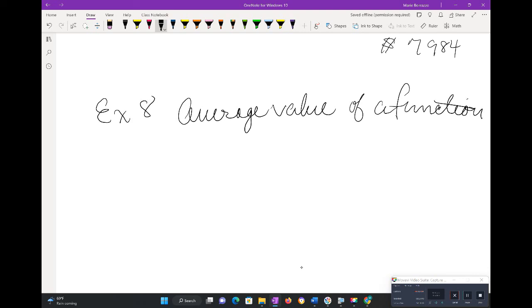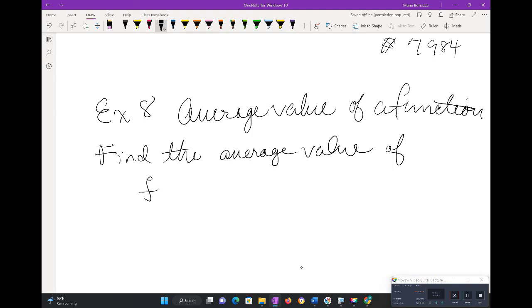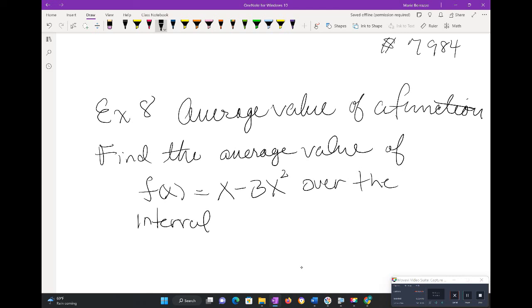In this question it says find, and pay attention to this one because this is a very common question, find the average value of the function f of x is equal to x minus 3x squared over the interval, and they give you the interval from -1 to 2.